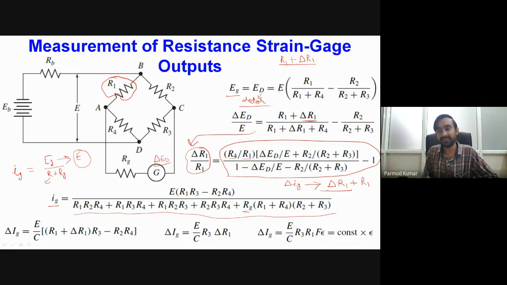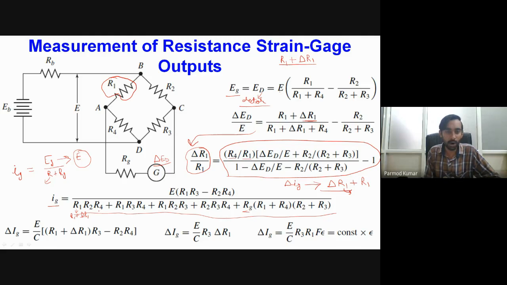Okay, so now you can see that if our delta R1, means change in the resistance, is a small value, ultimately what will be happening in the denominator, you can see over here we are having three terms in multiplication everywhere where we are getting R1. So obviously because of the change in resistance, we will be everywhere finding R1 plus delta R1.